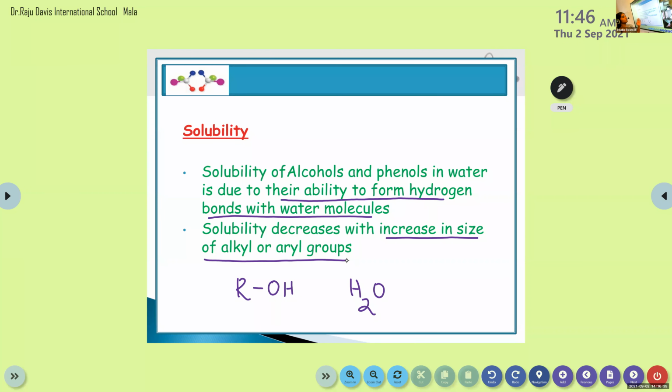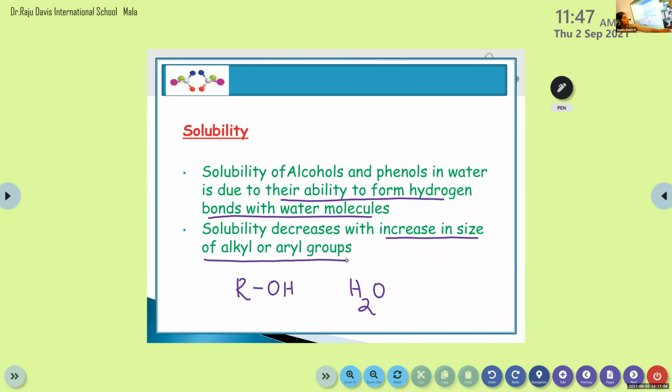If the carbon chain is very long, then the solubility decreases because it is mainly based on the hydrogen bonding between the alcoholic group and water, right? Because the hydrogen bond can exist only between the OH group and H2O. If more alkyl or aryl groups are present, the solubility decreases. This is clear, children?